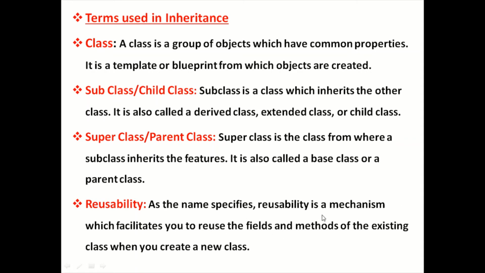Fields and methods or functions or procedures, whatever we have in the existing class. When you create a new class, or when you inherit a subclass from the parent class, whatever fields, methods or functions the existing class has, everything is going to be reused by the new class. These are the important terms under inheritance.